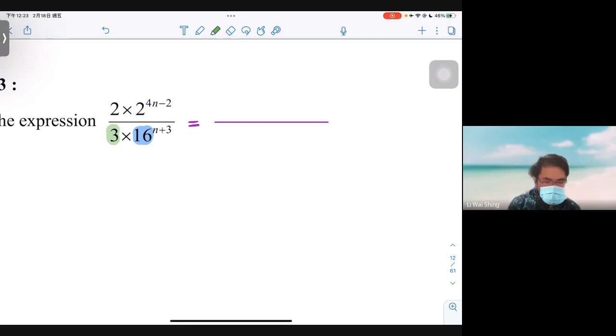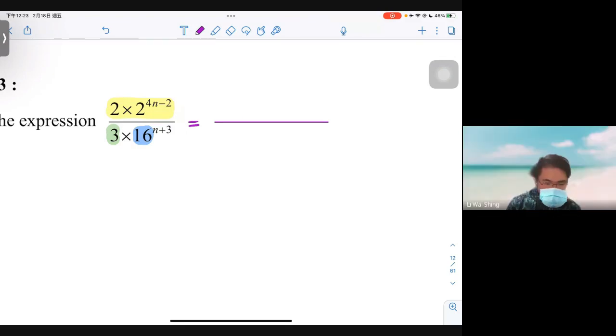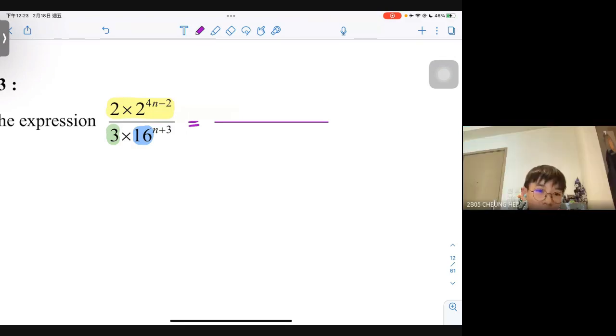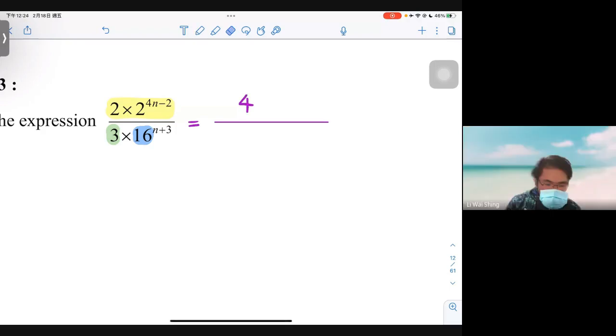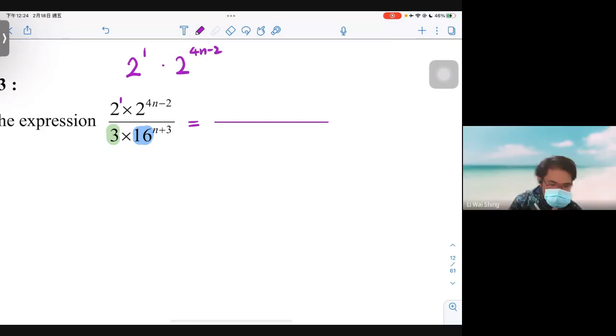Talk about the numerator first. 2 times 2 is 4. To the power of 4n minus 2. Wait a second. If I write a 1 here, 2 to the power 1 times... No. Can I combine these 2 and become a 4?